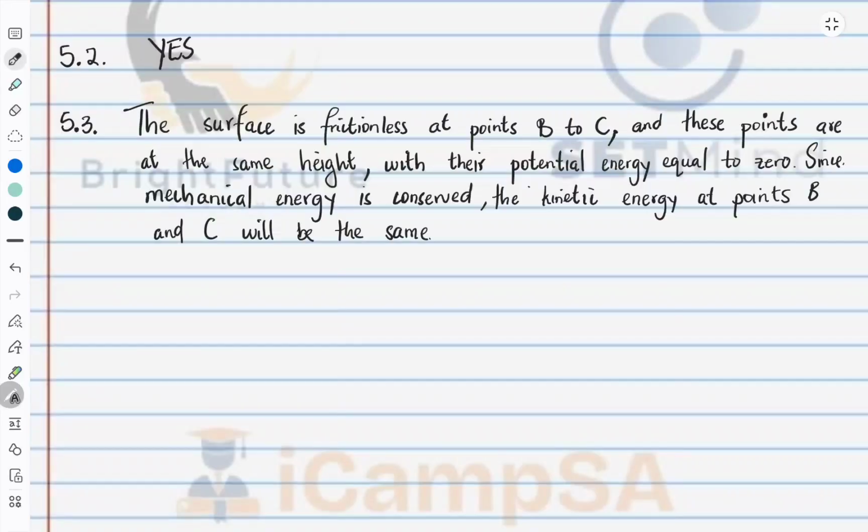You probably don't need a paragraph this long to explain a 1-mark question, but the whole idea is here. Okay, so alternatively, you could have said the points B and C are at the same height, potential energy is 0, and then since mechanical energy is conserved, the kinetic energy at points B and C will be the same.